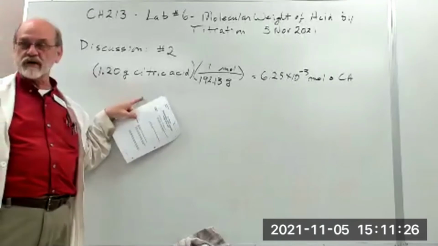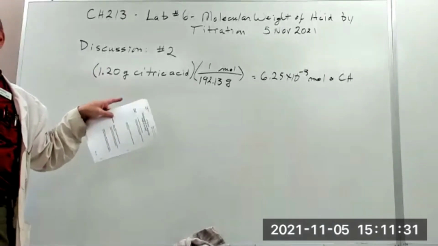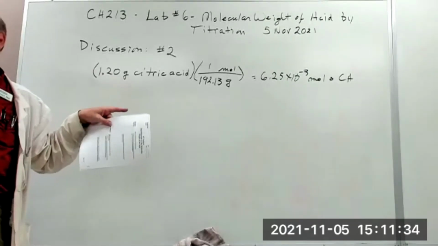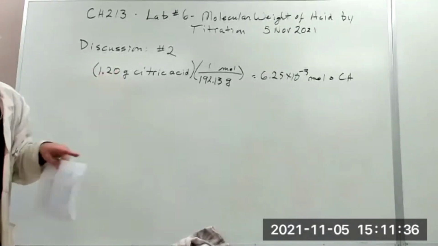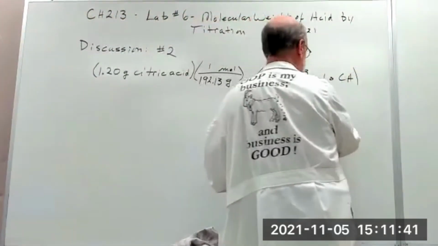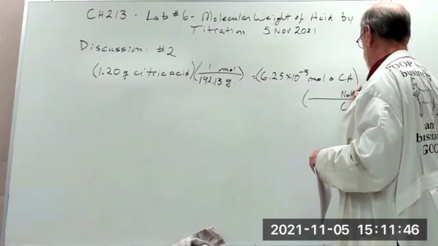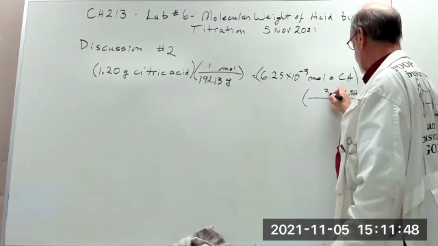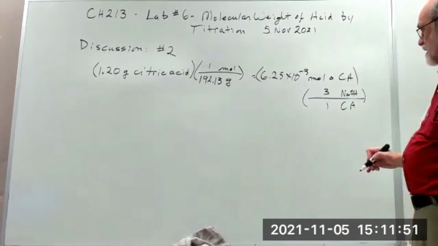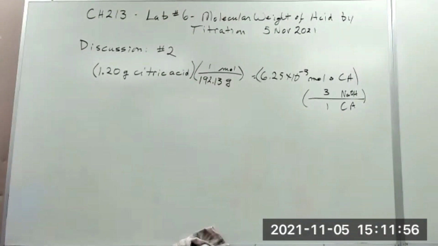This one has 3 protons in it. Sodium hydroxide only has 1 hydroxyl, so it takes 3 times as much sodium hydroxide as it does citric acid. The ratio is it takes 3 of these for every 1 of those. So 3 times that value will give us the moles of sodium hydroxide required, which is 1.87 times 10 to the minus 2.